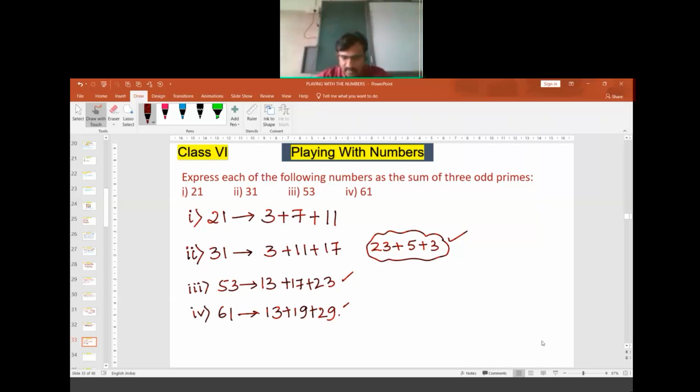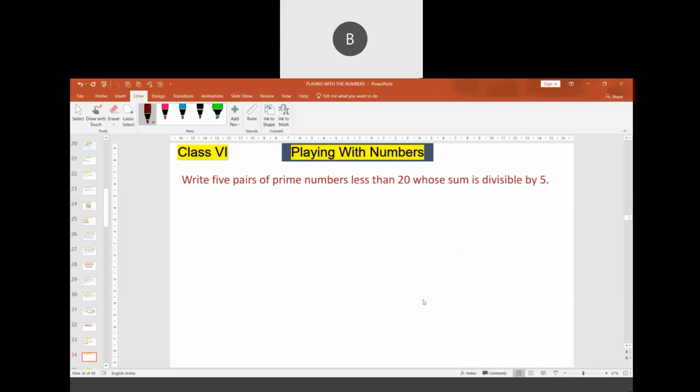Let us not waste time on this. Let me take another question. Here the question is, write 5 pairs of prime numbers less than 20 whose sum is divisible by 5. I'll be giving an example how to write. You have to make pairs.